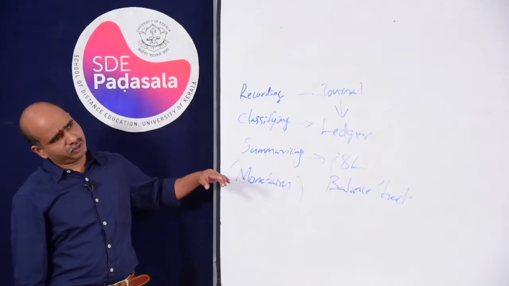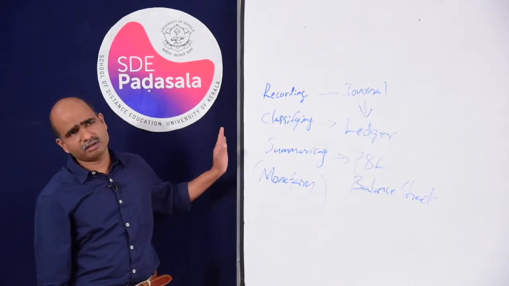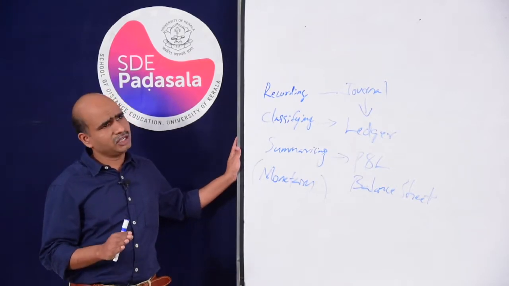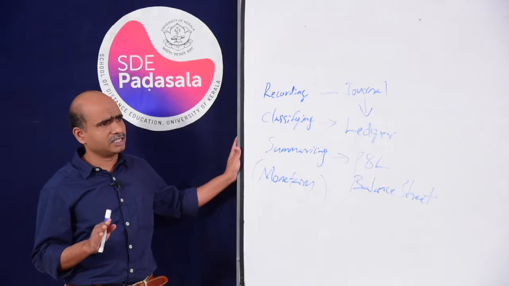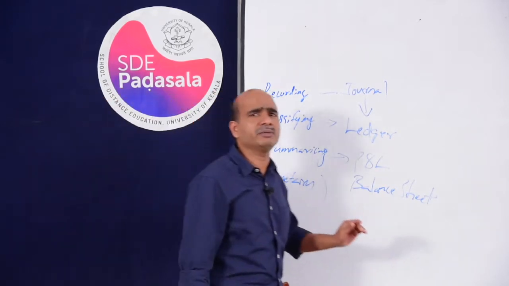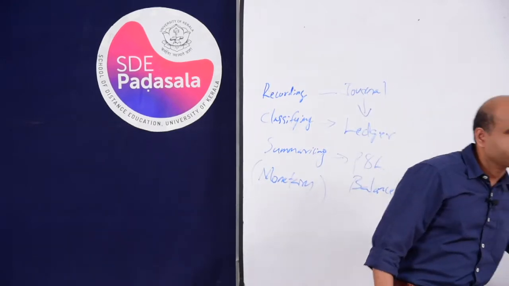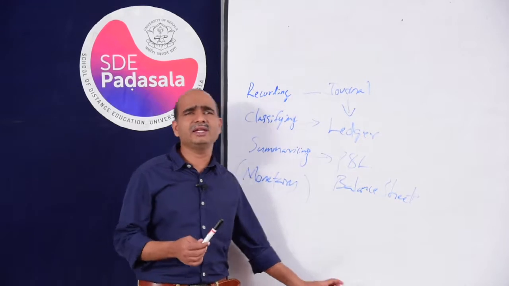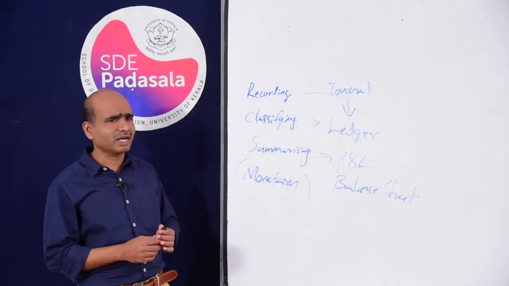For the purpose of learning easily, we are classifying all the items which are included in a business transaction into four categories. The first item is asset. Assets, you know, are cash, land, building, furniture, vehicle.